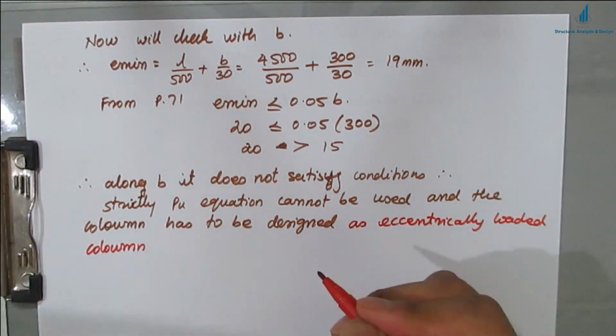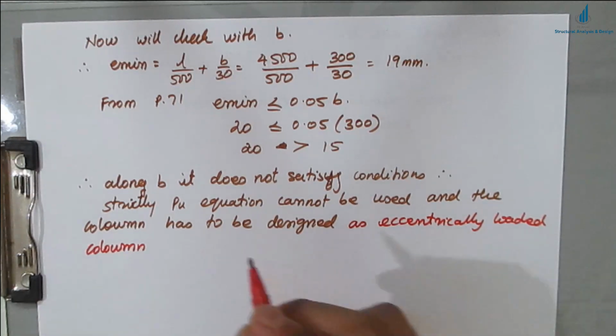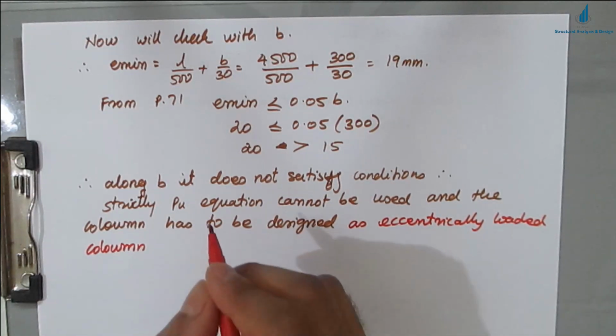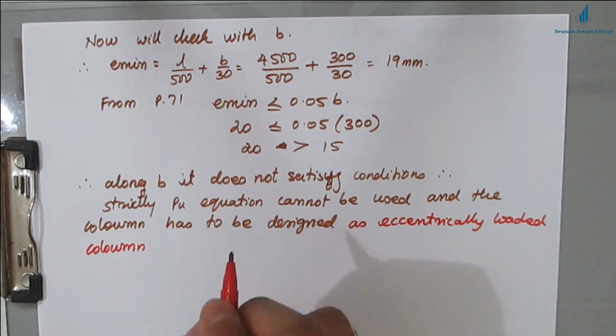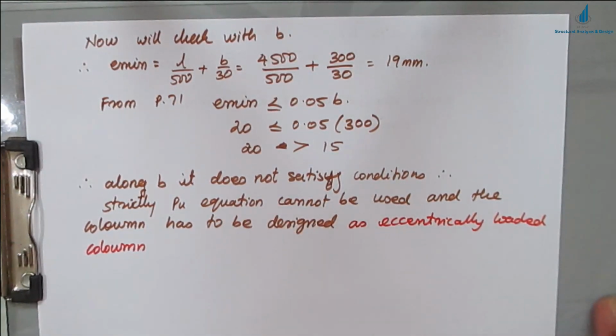So in short, this column with these specifications does not come under an axially loaded column. So you have to design this as an eccentrically loaded column. We'll redesign this column.